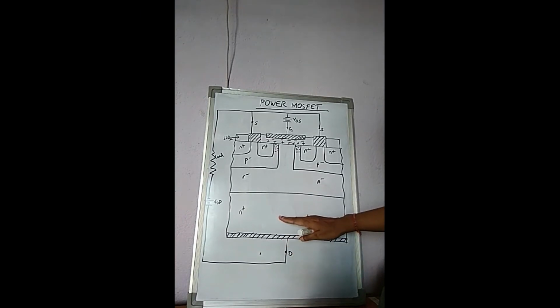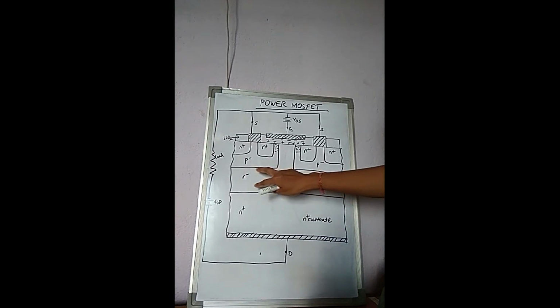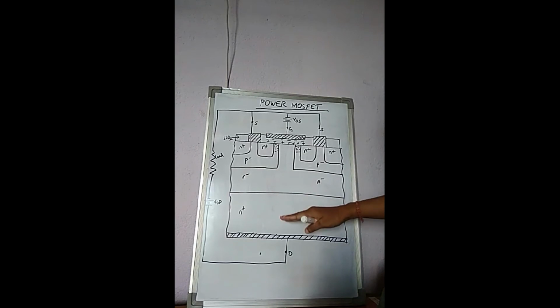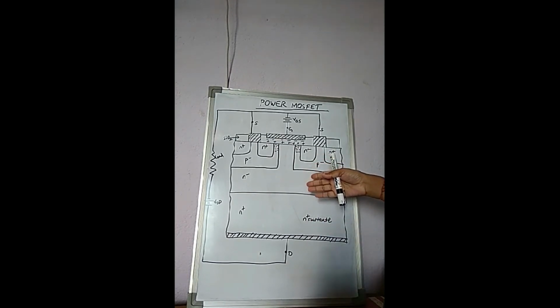Over this n plus substrate, there is a high resistivity n minus layer, which is epitaxially grown. The thickness of the n minus layer determines the voltage blocking capability of this device. If its thickness is greater, then the voltage blocking capability is greater.